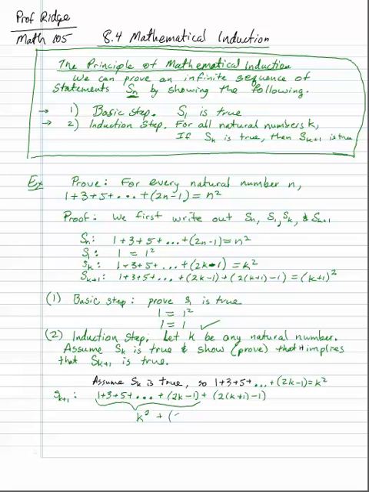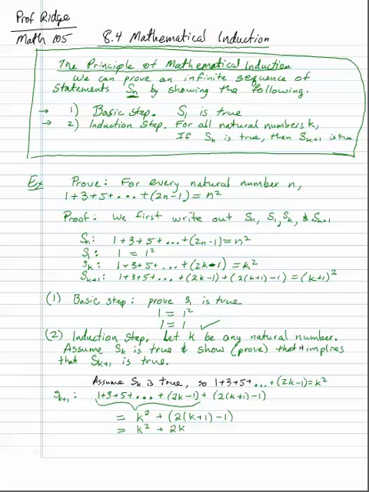Now we're going to do algebra on the rest of this and see if we can arrive at k plus 1 squared. So I'm going to simplify this, and hopefully I can arrive at k plus 1 squared, and then I will show that this is true.